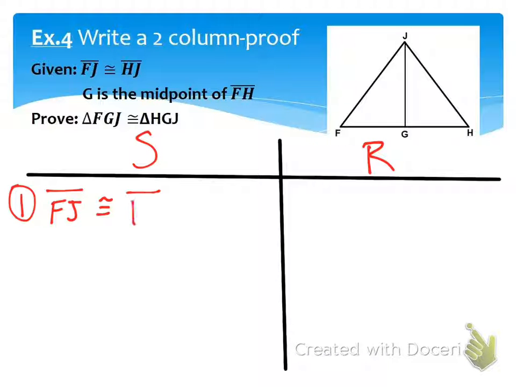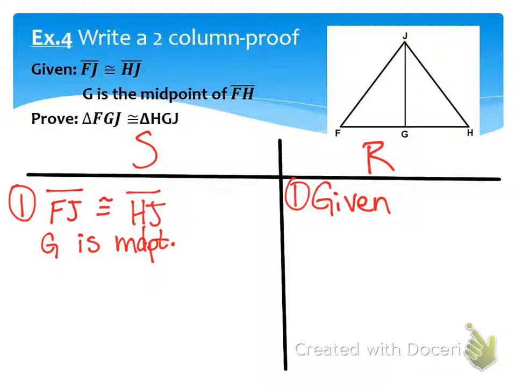I like to do it all at the beginning. If you have your own preference, that's fine. G is midpoint. All right. Either way, if you're listing out a given, your reason should be given.